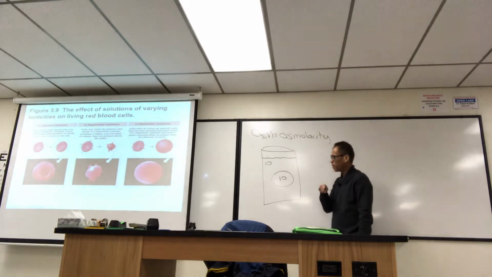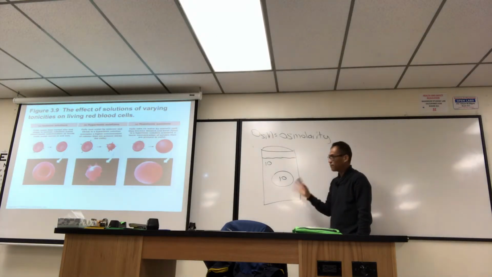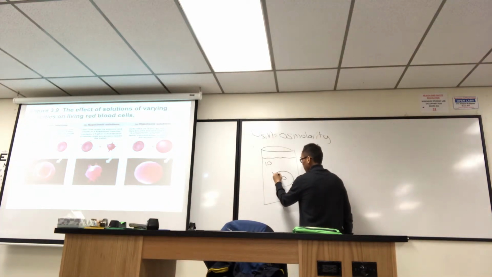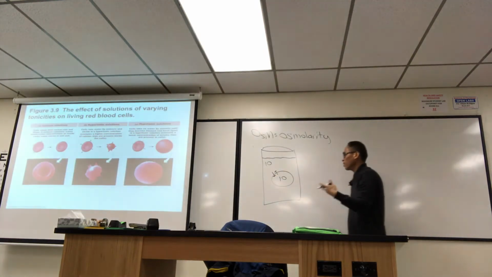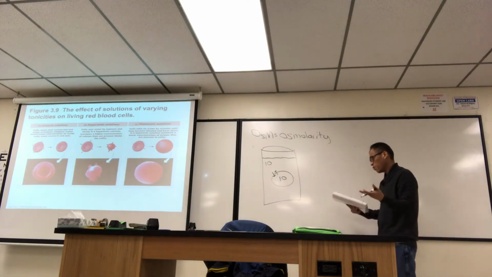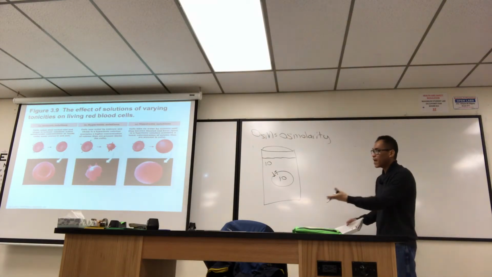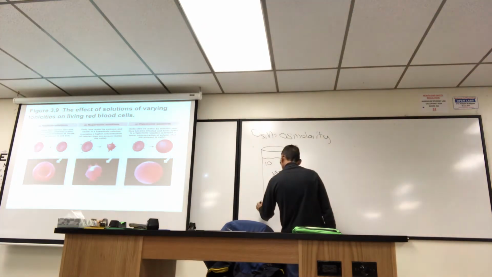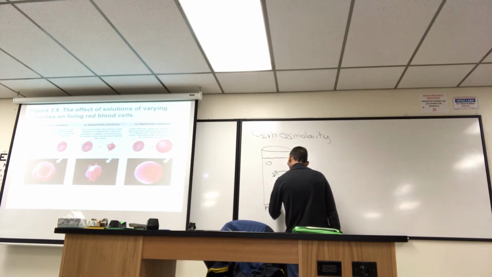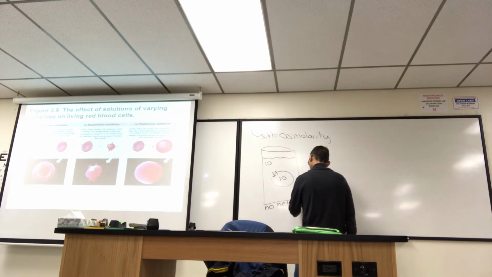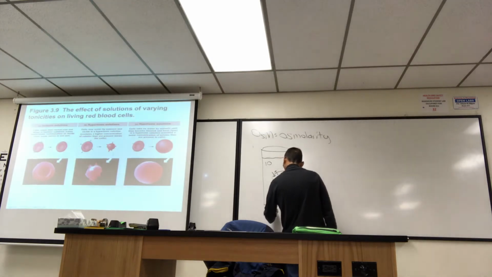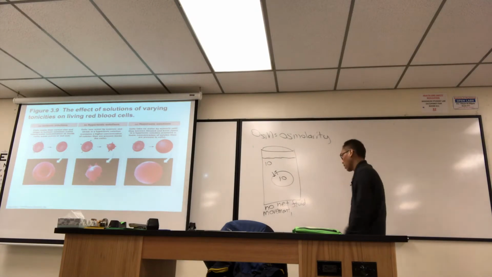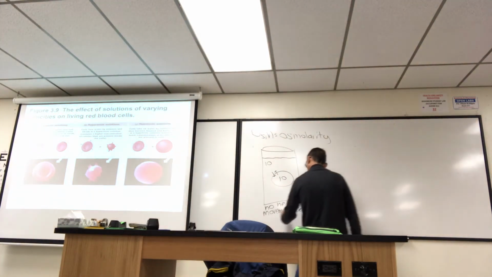The golden rule I gave you is water goes to where the most stuff is, but if it's equal, pretty much as much water will enter as leaves. So there's no net movement, no net gain or loss of water. So there's no net fluid movement, and the cell maintains its shape.